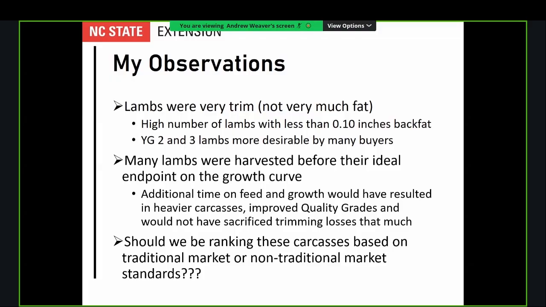But using ribeye area as a selection tool can allow us to more objectively select animals that should be heavier muscled throughout, and because of that, hopefully achieve those higher grades and be more shapely, whether it's in a traditional carcass grading or in a non-traditional live evaluation, and receive some premiums for that.